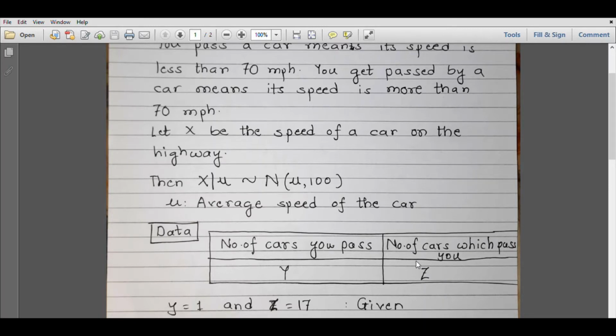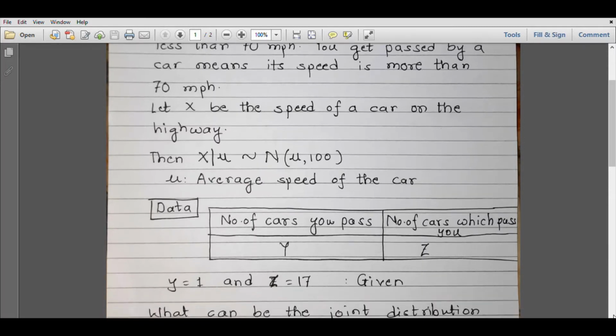Now I hope you remember, what do we call such a distribution, a multinomial distribution with just two classifying cells? I think you will be able to recall, that is nothing but the binomial distribution. So we here are dealing with a binomial distribution.